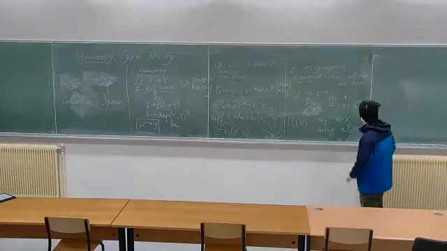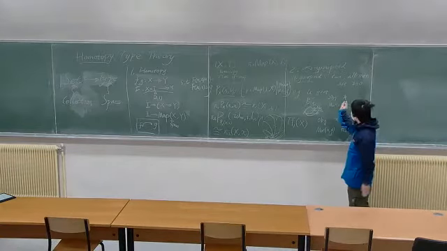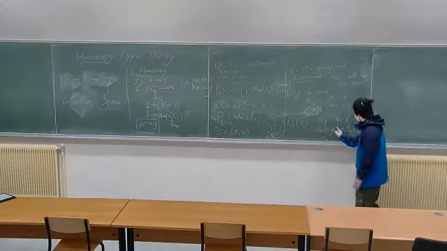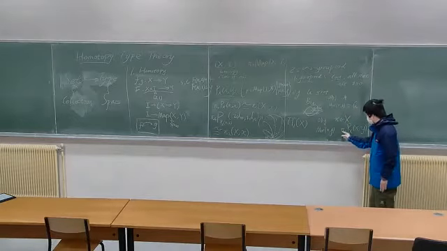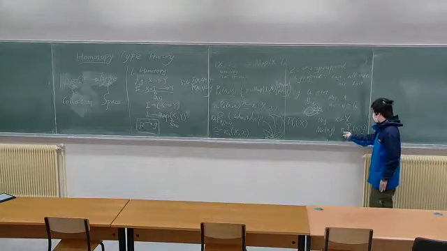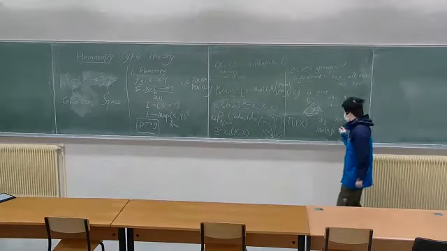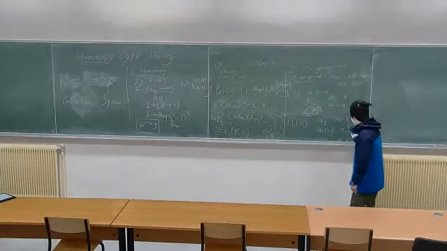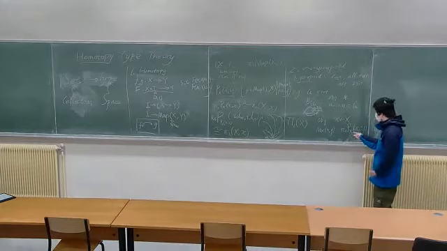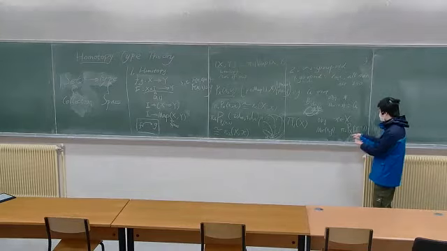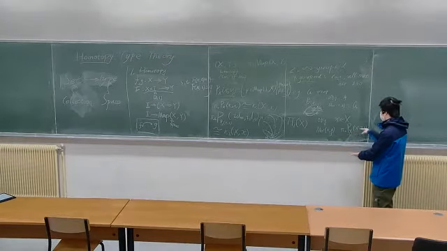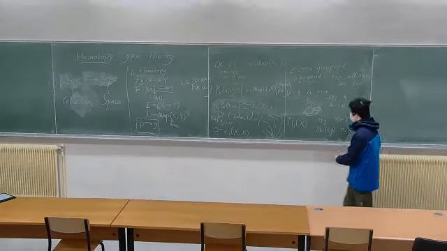I need to remind you that in a category the morphisms form a set, so we need to take pi zero to make it a set. This will be a groupoid. You can also interpret it as the homotopy classes of paths between x and y.